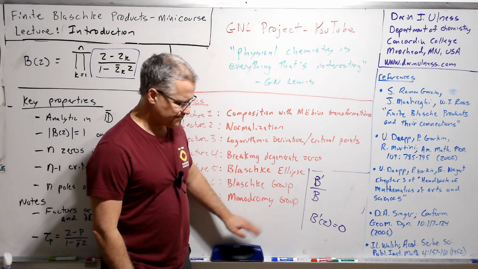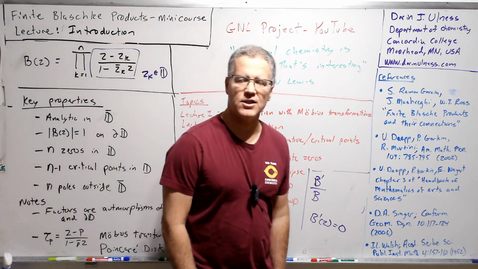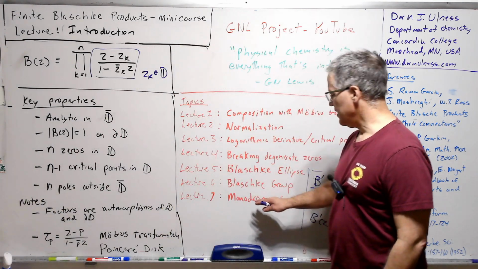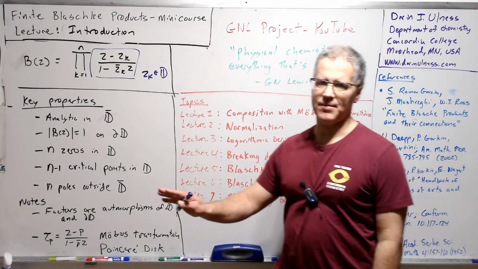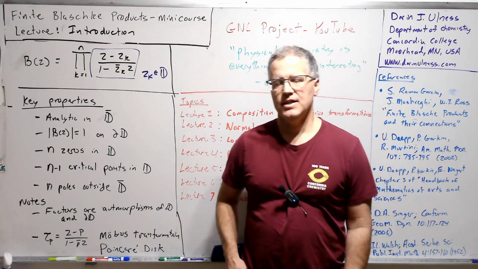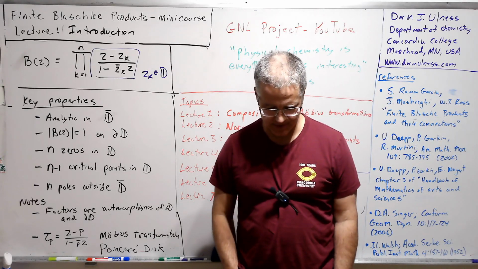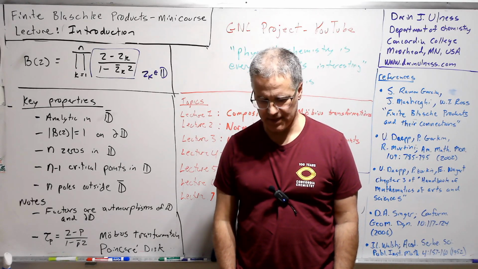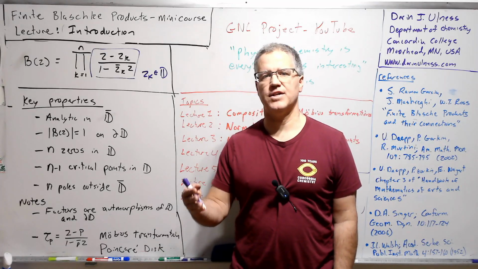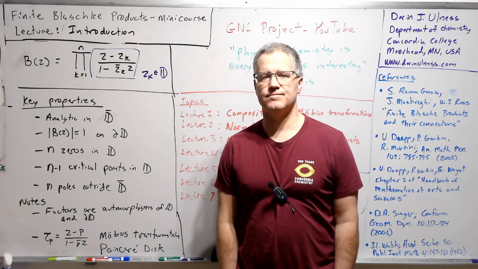Then finally, we'll get into a little bit of monodromy theory. We're just going to do examples. We're not going to really talk about all the topology and homotopy theory that goes into this.